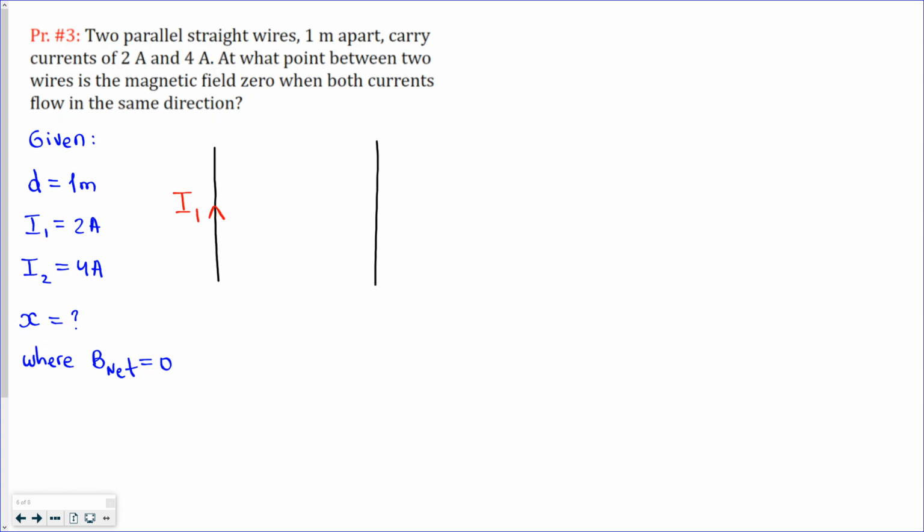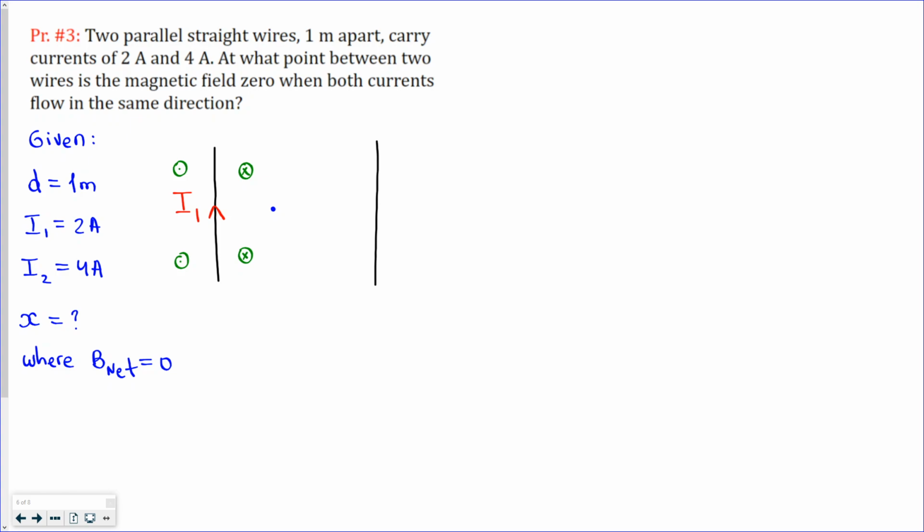In this case, this current will have a magnetic field from the right hand rule: on the right side into the page, on the left side out of the page. And let's think that the point where the net magnetic field is equal to 0 is here.